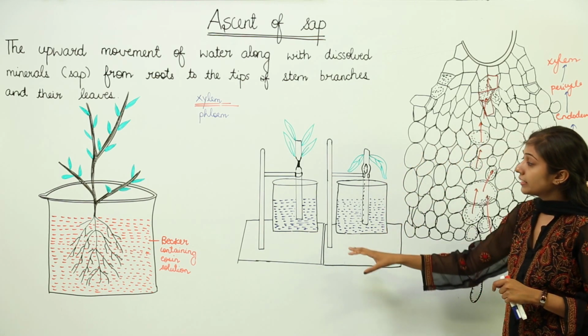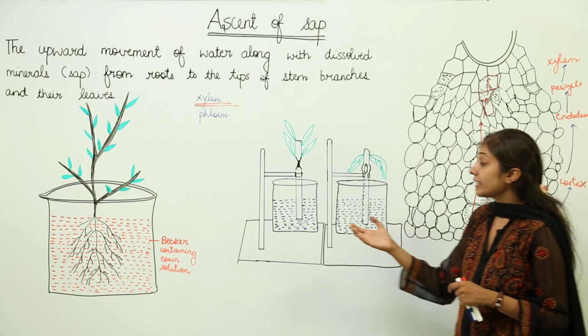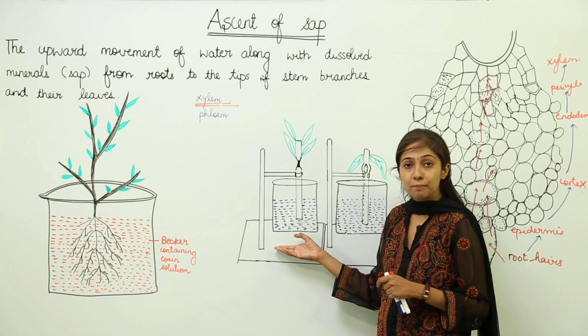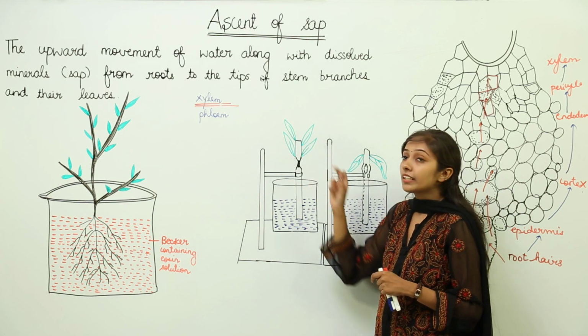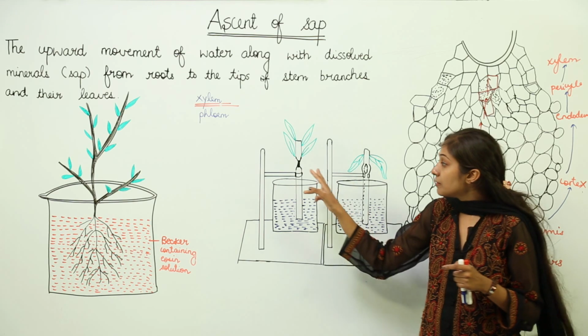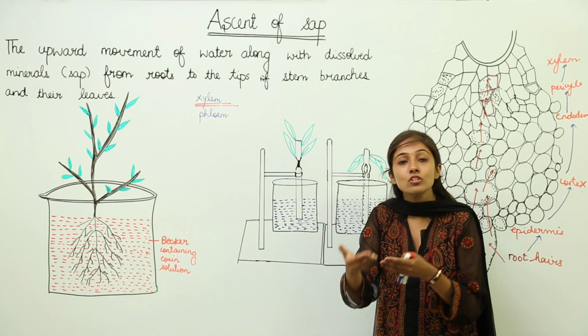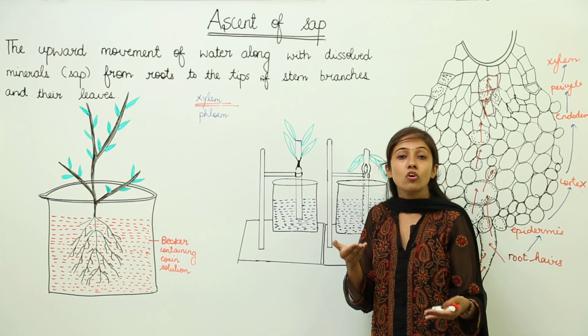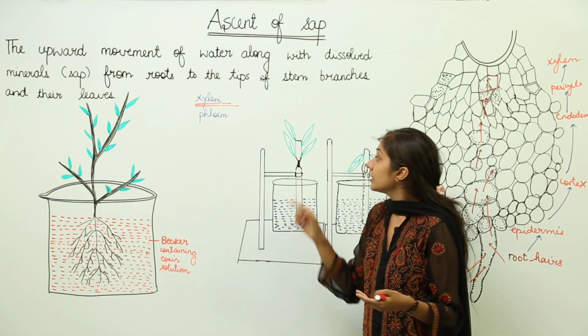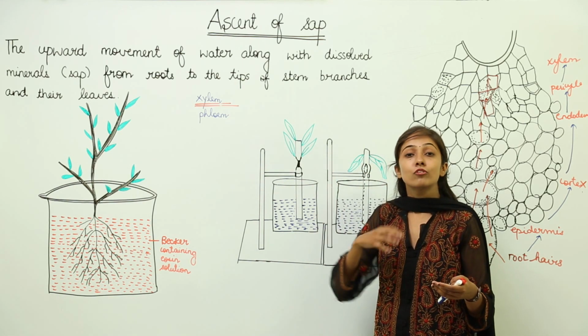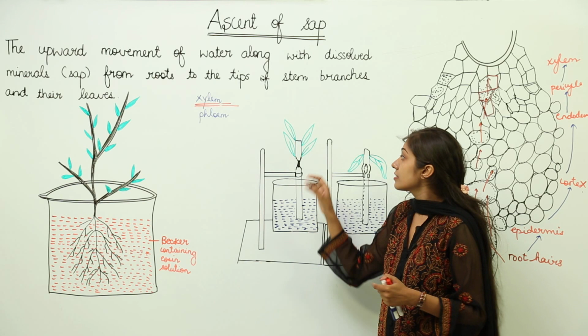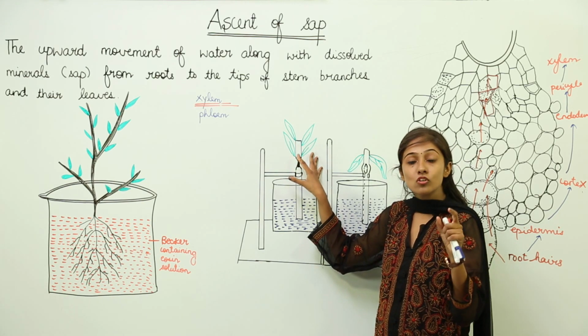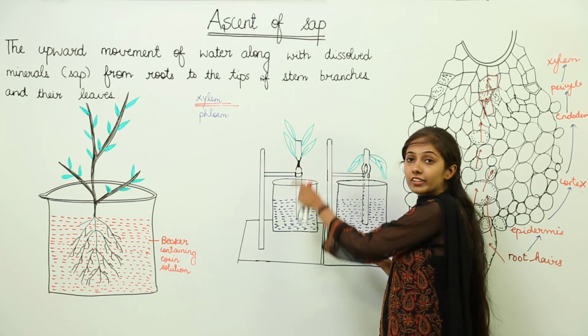Now, after some time, in apparatus A the leaves will appear turgid because the xylem is intact, means there is continuous absorption of water. Since there is continuous absorption of water, the leaves are going to be in a fully turgid state because there is continuous movement of water in this case.